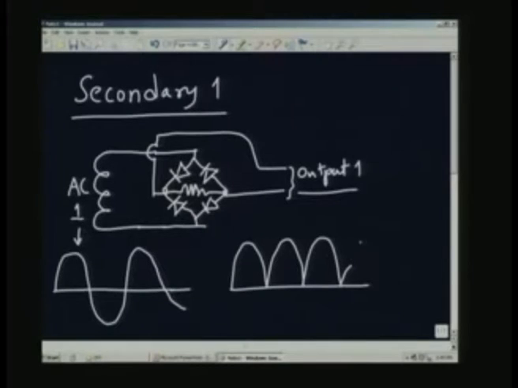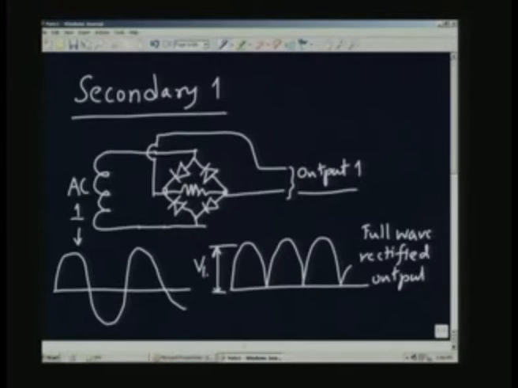Okay, this is the full wave rectified. Rectified means it is on one side only output, and this magnitude here we will call V maximum, V1m or V1 maximum.